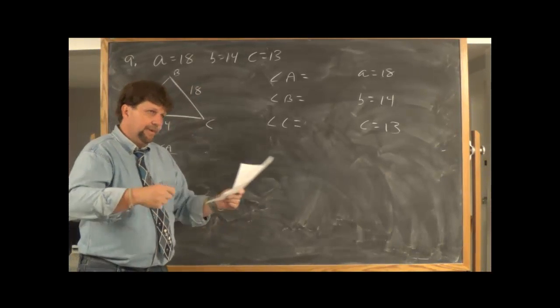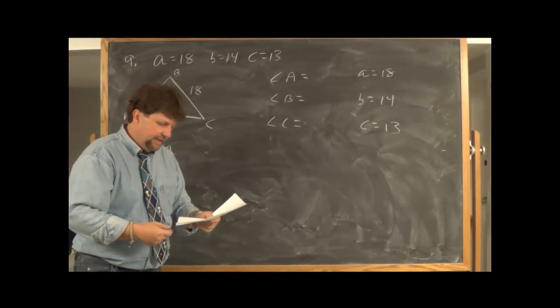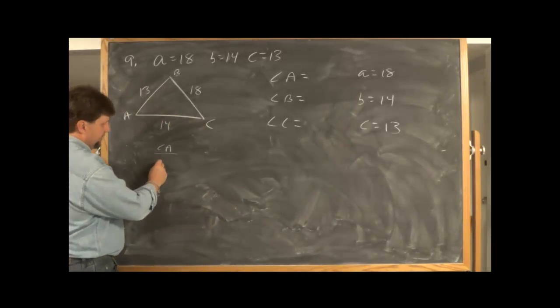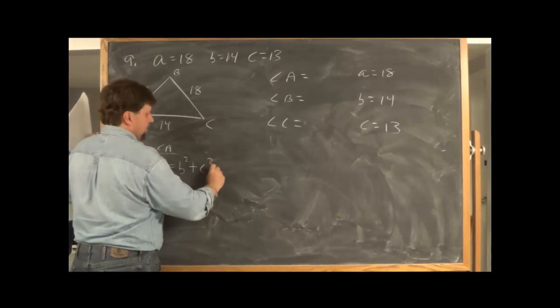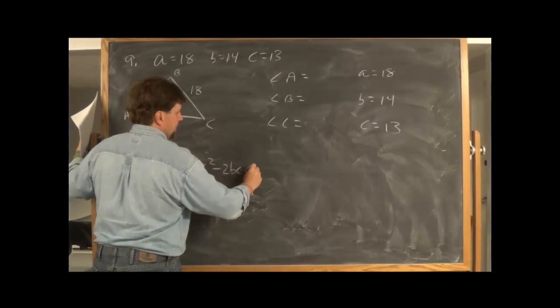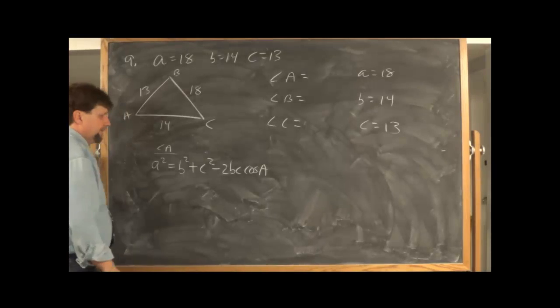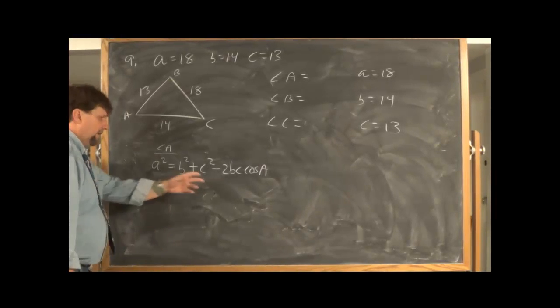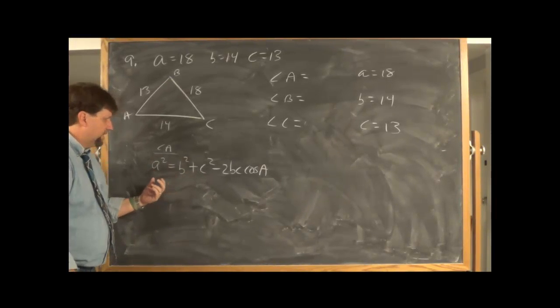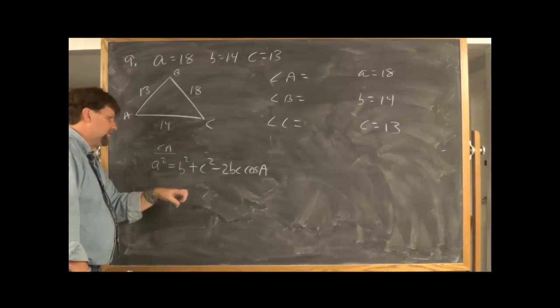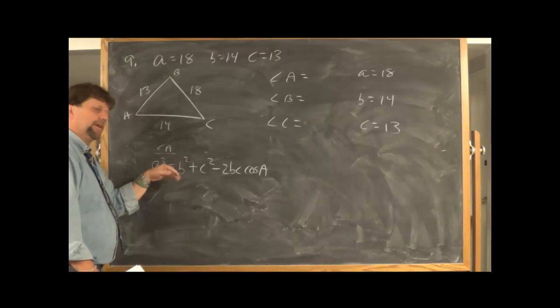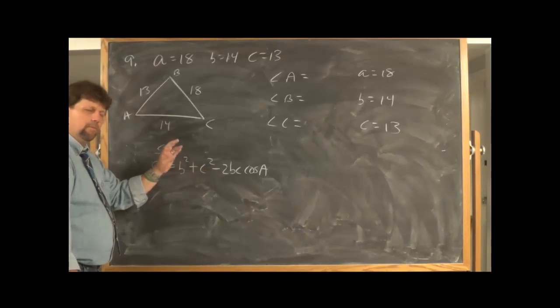I know your book talked about alternative forms of the law of cosines. Here's what I know as law of cosines: A squared is equal to B squared plus C squared minus 2BC times the cosine of A. I know there's an alternative form where you have cosine A equals A squared minus B squared minus C squared all over negative 2BC, whatever.